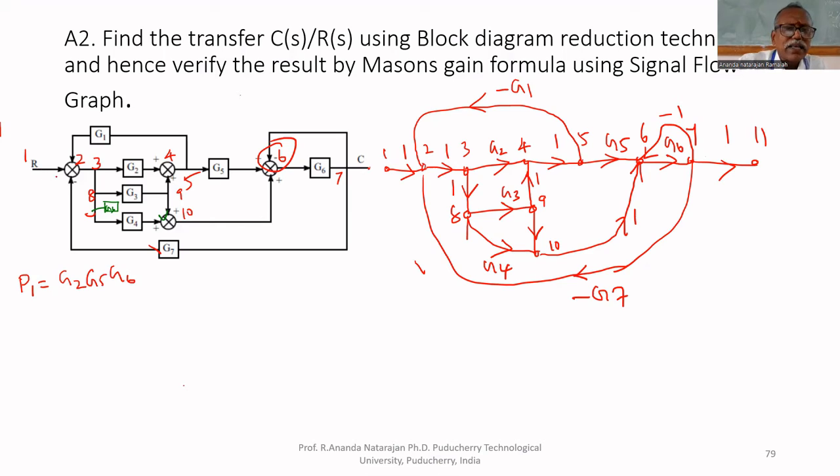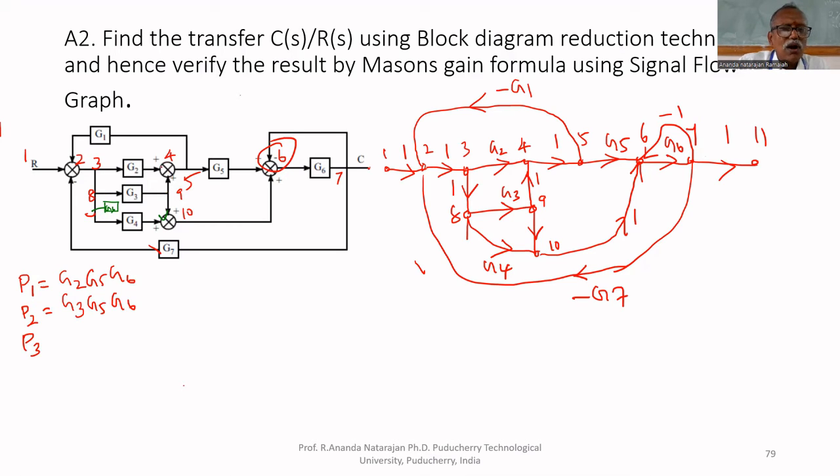Then any other forward path you can come? Any deviation that is there, you have to notice. At 3 you can come down, so you can go to 8, then 9, then 4. Therefore, the second forward path is G3, G5, G6.